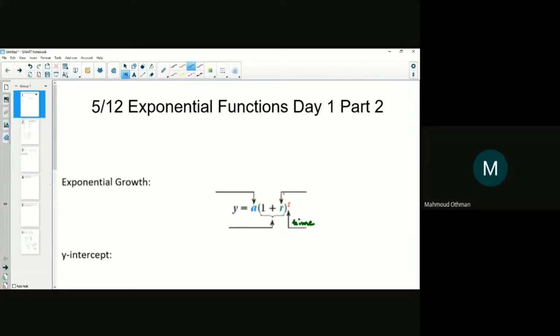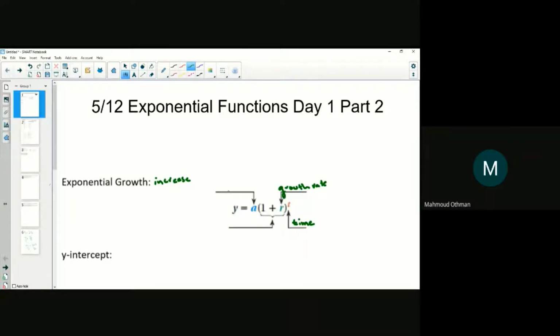R is the growth rate. That's the percentage it would increase by. Growth means it's going to increase, get bigger.